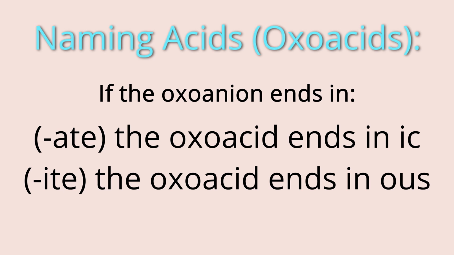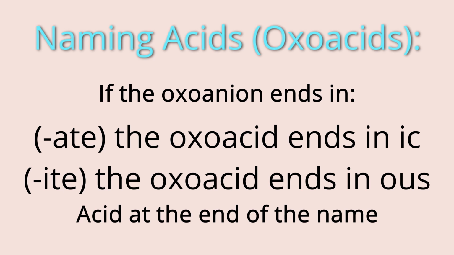For example, nitrate becomes nitric. And if it ends in ite, we change that to ous. So nitrite becomes nitrous. And then you just add acid on there, and voila. And here are a few examples of that.